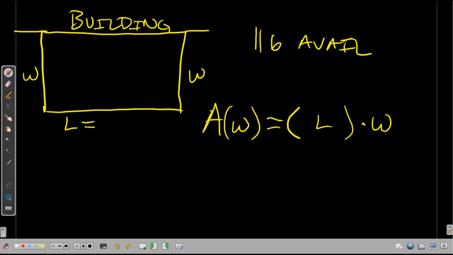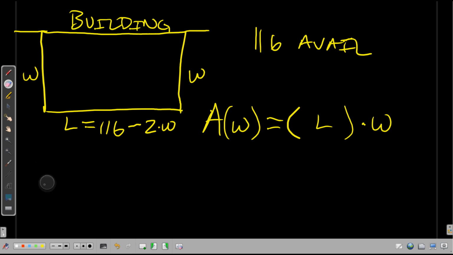Because this is the constraint, it must be the case that this length uses 116 feet of fencing minus 2 times w, because it's minus this w and minus this w.